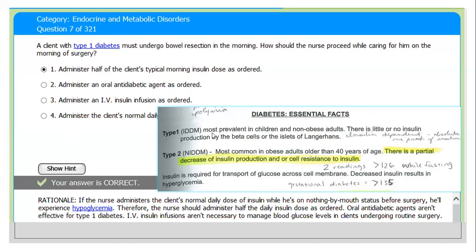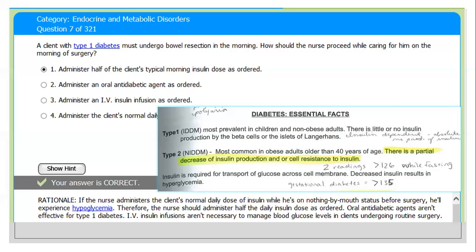Type 1 is most prevalent in children and non-obese adults. It is the most common type in children or adolescents, and we call it juvenile diabetes. There is little or no insulin production by the beta cells or islets of Langerhans.